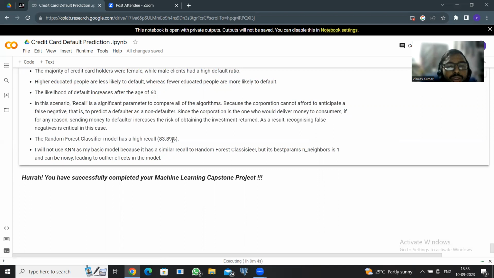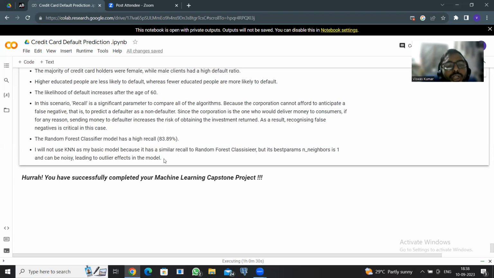Among these implemented models, the random forest classifier has a high recall of 83%, so I will use it as my best model. KNN, as mentioned, is the nearest neighbor algorithm. It predicts the outcome based on the nearest neighbors, meaning the surrounding data points in the data set.